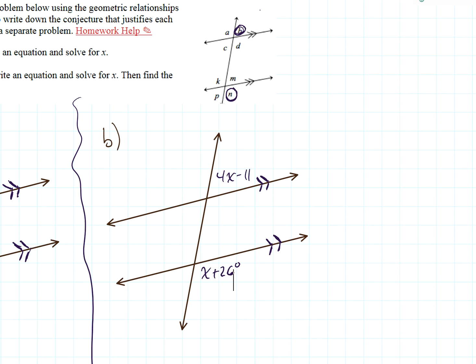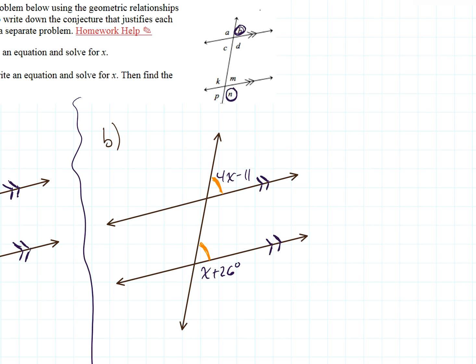But I know something. I know that this particular angle and this particular angle are congruent to each other. A conjecture is, when two parallel lines are cut by a transversal, the corresponding angles are congruent.